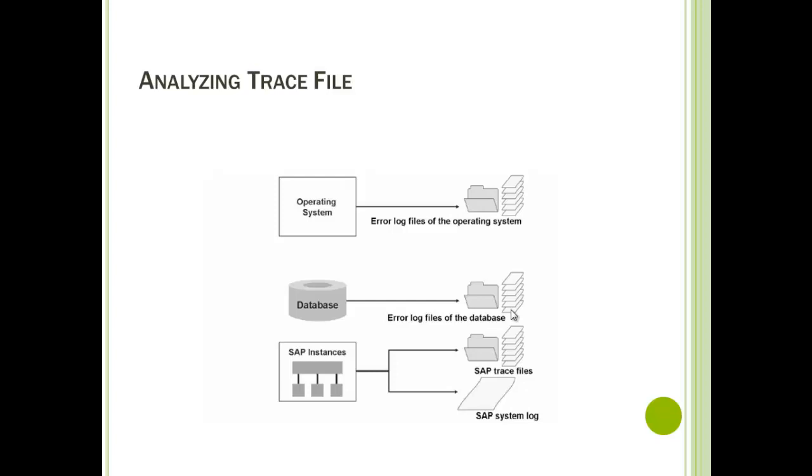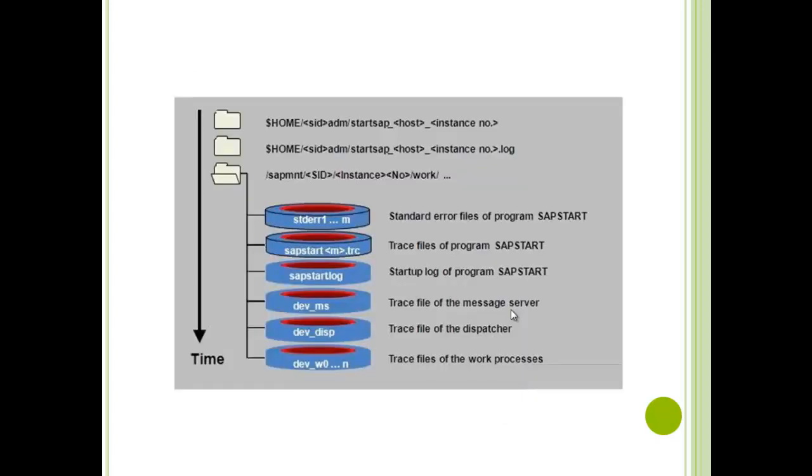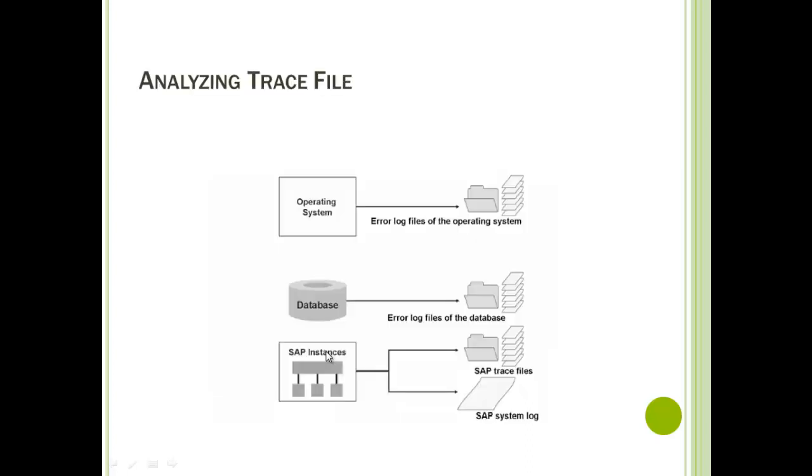Specific instances, for example for our message server, dev_ms. Same for the gateway, there is something called dev_rd, and we have them for the dispatcher and the work process. So we have three different kinds of trace files: for the operating system, the database and SAP.